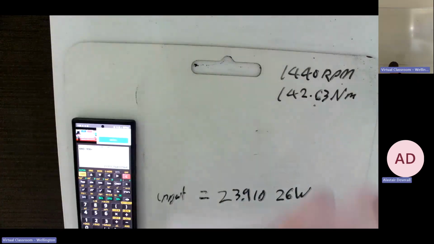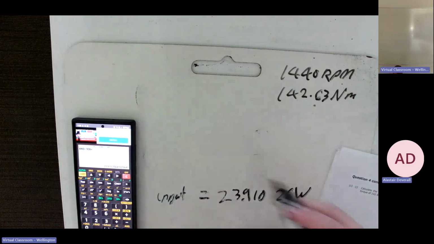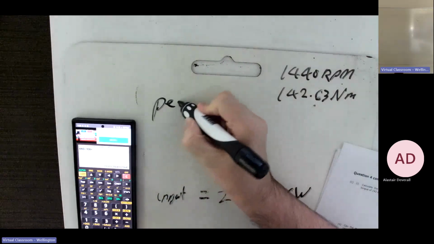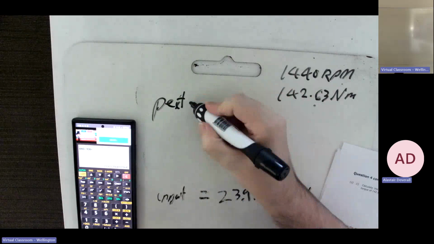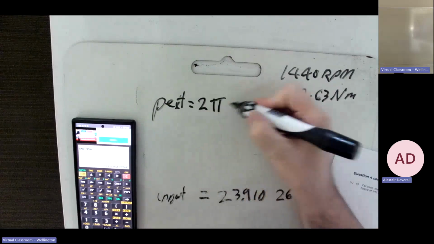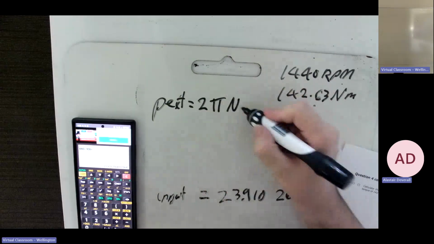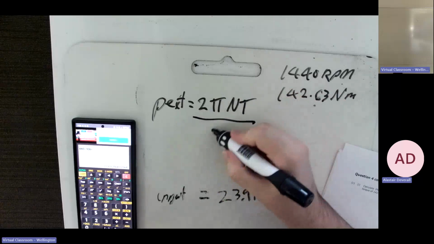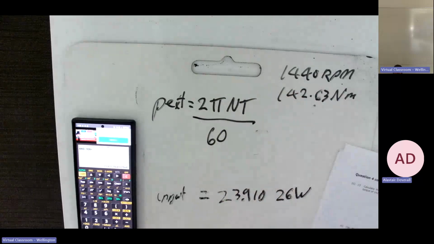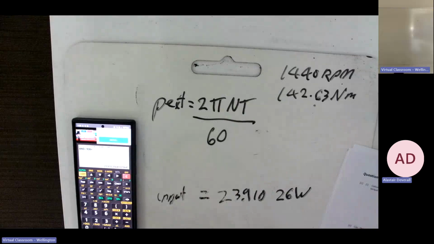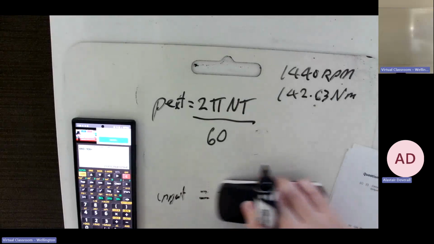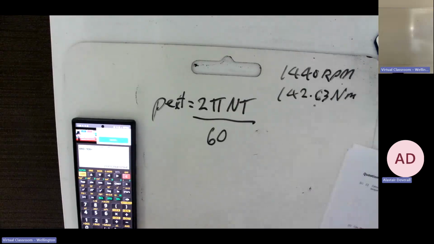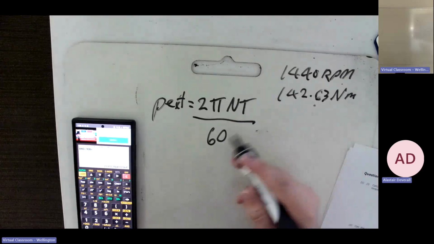As we change over to this page here, we have P external, or output power, equals 2 pi NT over 60. Now, we are interested in our external power, not our input power. So we go back to our previous question where we worked out the output power.